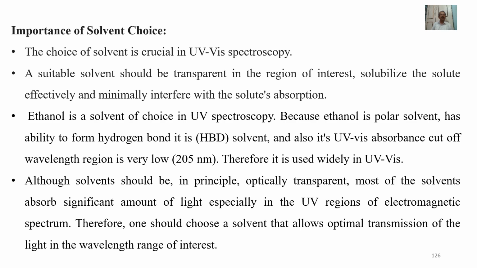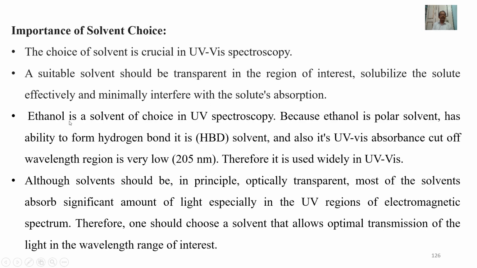Importance of solvent choice. The choice of solvent is crucial in UV spectroscopy. A suitable solvent should be transparent in the region of interest, solubilize the solute effectively, and minimally interfere with the solute's absorption.